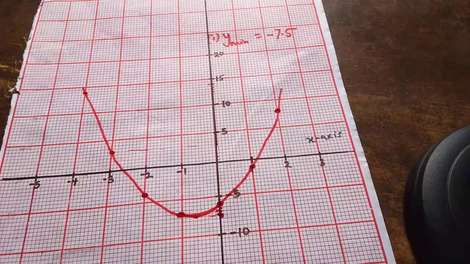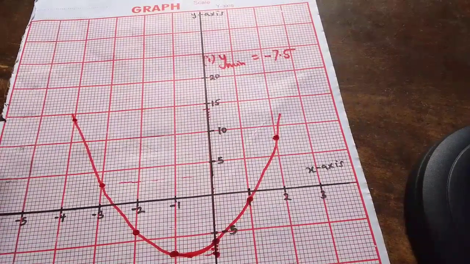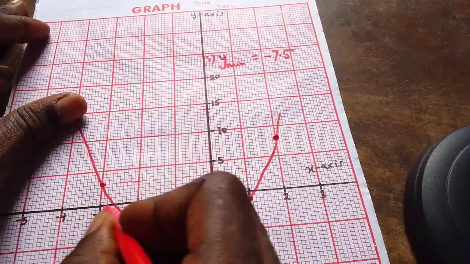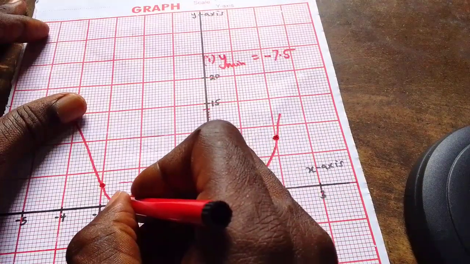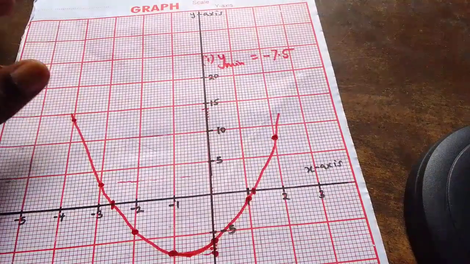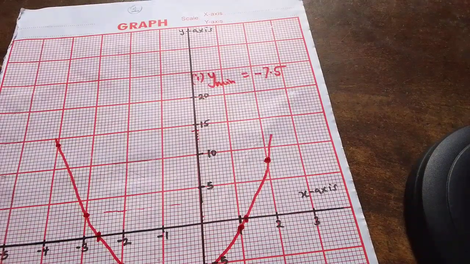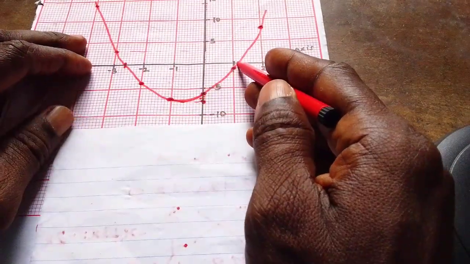Then 2, you are told to look for the roots of the equation. The root of the equation will be where this graph cuts the x-axis. So this is the x-axis. So it cuts the x-axis at this point, and it is cutting it at this point. So you realize that on the x-axis, we said that 2 centimeters represents 1 unit on the x-axis.